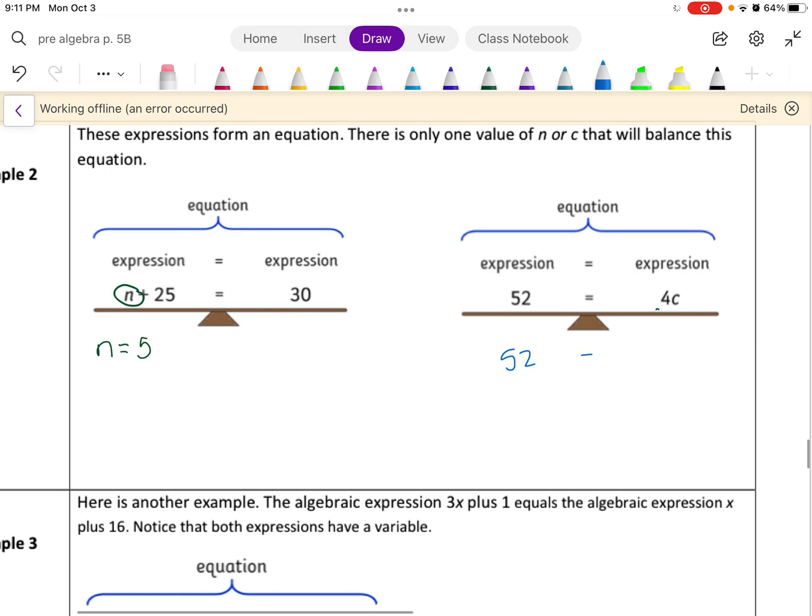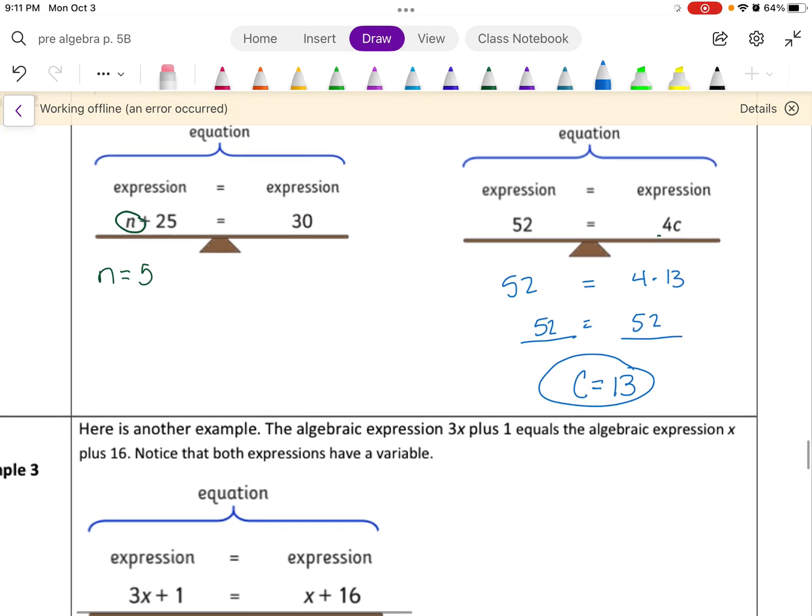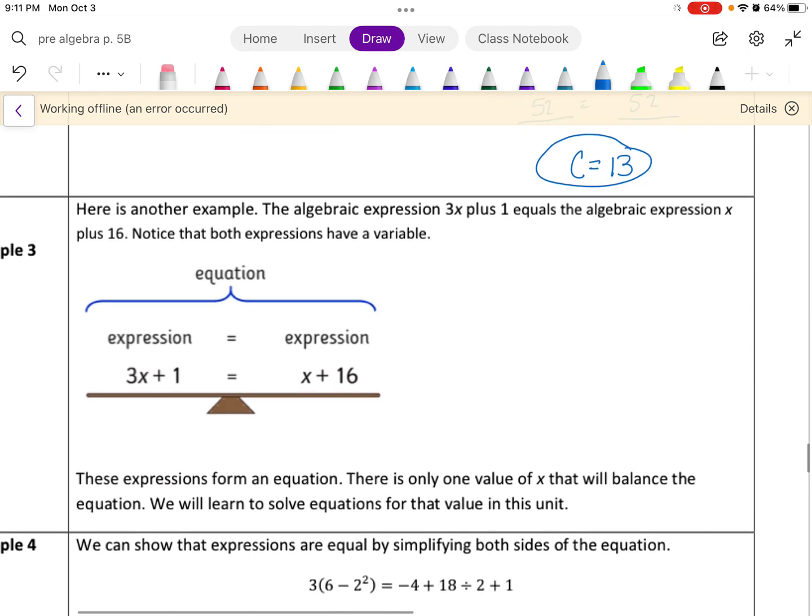So we're saying 52 is equal to 4 times 13, which would give us 52 equals 52. They're the same. They're balanced. Each side represents the same thing. So in order for this to be equal or balanced, c would have to be 13. That's the only number or only value c could be. Right? It couldn't be anything else to make that equation true or balanced.